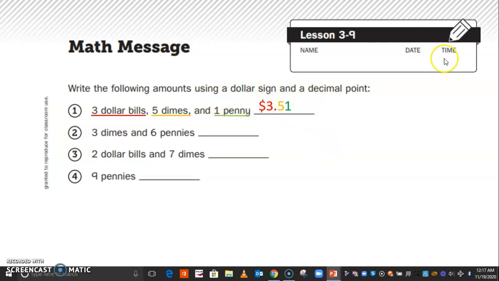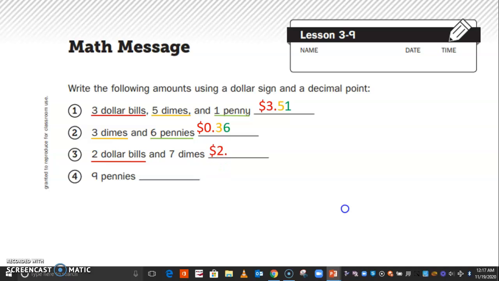$3.51. Right. Number 2, 3 dimes. Look at that. There's 0 wholes, guys. We don't have any, so we have to mark it with a 0. 0 wholes. But we do have dimes that are going to go in the tenths place, right? 3 of them. And then 6 pennies. There we go. All right, number 3. Oh, we have some wholes again. $2 bills.